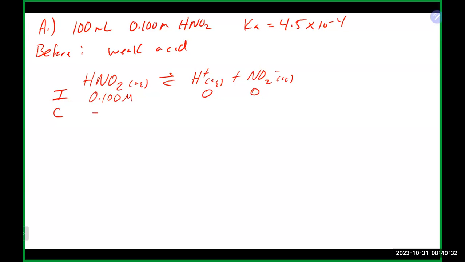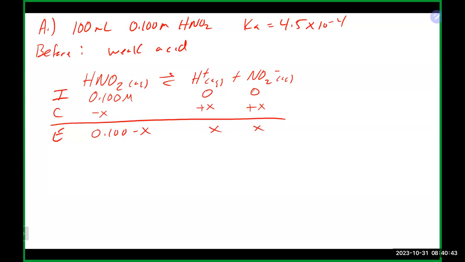The change is going to be plus x and plus x, so this is 0.1 minus x, x, and x. Any questions so far? This goes into our Ka expression: H plus times NO2 minus, divided by HNO2, equals 4.5 times 10 to the minus 4.